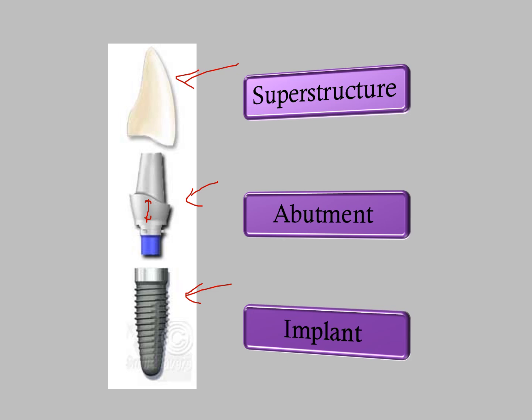The abutment itself is fixed to the implant with a screw inside the implant, and the crown is cemented to the abutment. So we have three structures: the first is the implant itself, the second is the abutment, and the third is the crown or superstructure.